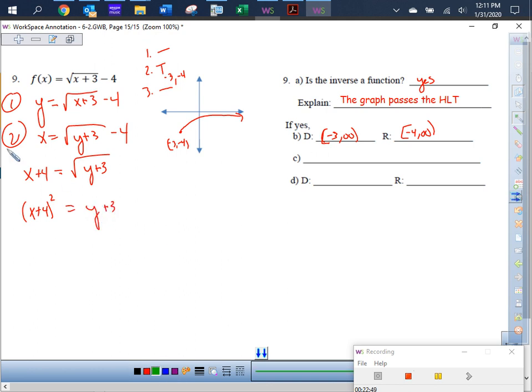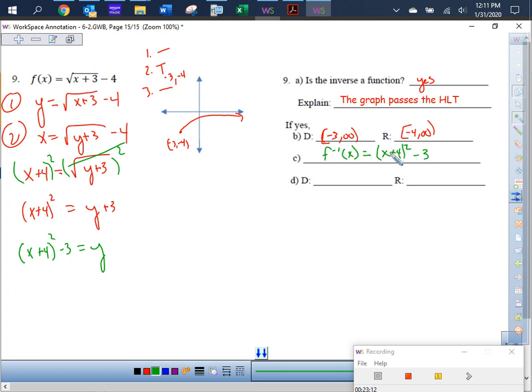If you need to see what's going on here, I'm going to square this side and square this side, and those cancel. Then I'm going to get y by itself by subtracting 3, and you can't do it to the 4 because it's in the group getting squared, so it's just -3 equals y. So f inverse of x equals (x plus 4) quantity squared minus 3.